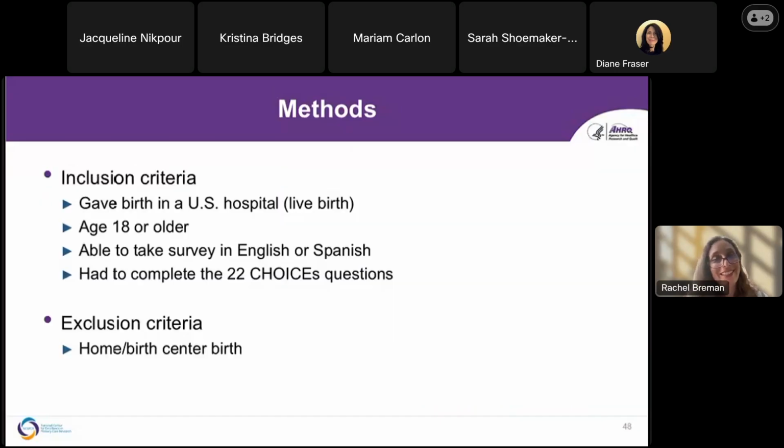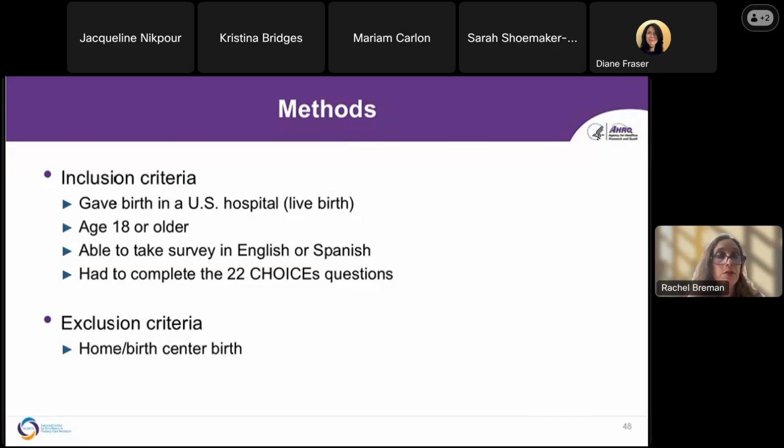Go next. The inclusion criteria were they had to have had a live birth in a U.S. hospital. They had to be age 18 or older when they received the survey. They had to be able to take it in English or in Spanish. We did a rigorous translation process into Spanish, and they had to complete all 22 of the items for the measure.